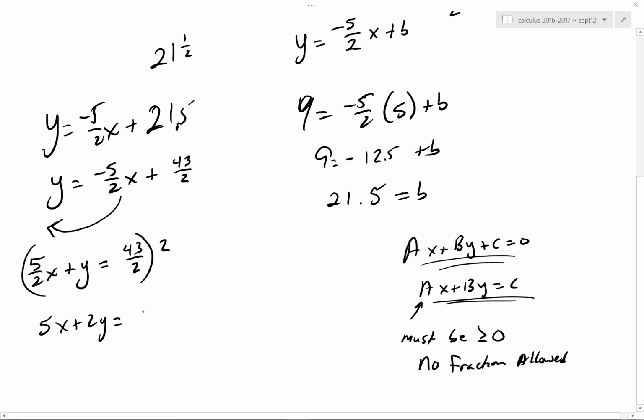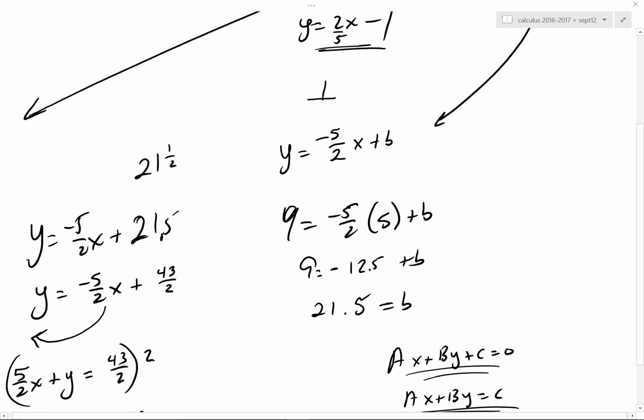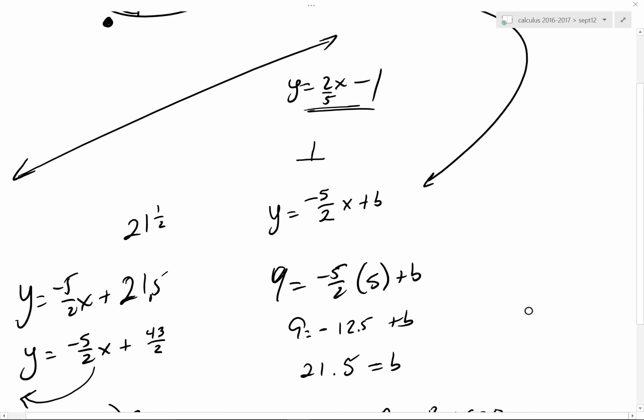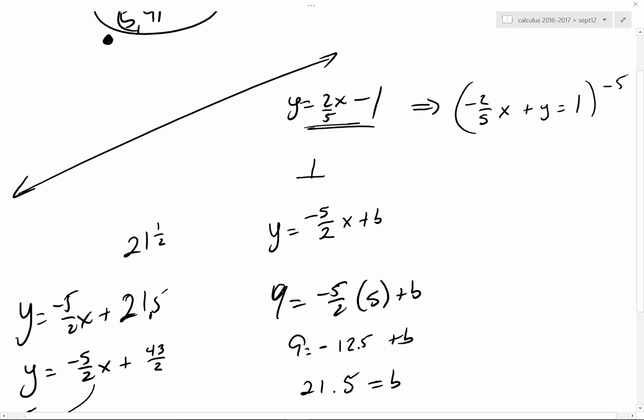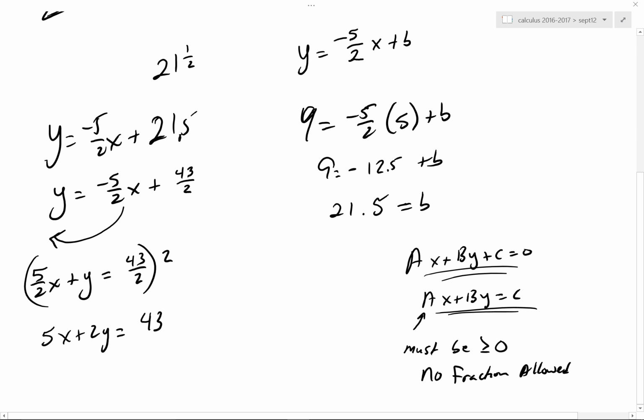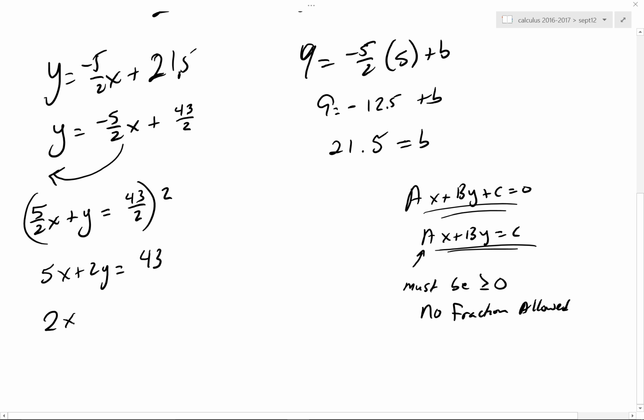Okay. Now, the original problem up here, you could have done the same thing. You could have said, I'm going to make it look like it's in standard form just for pickles and grins. And so I'm going to multiply this by negative 5, and I'm going to get 2x minus 5y equals negative 5.